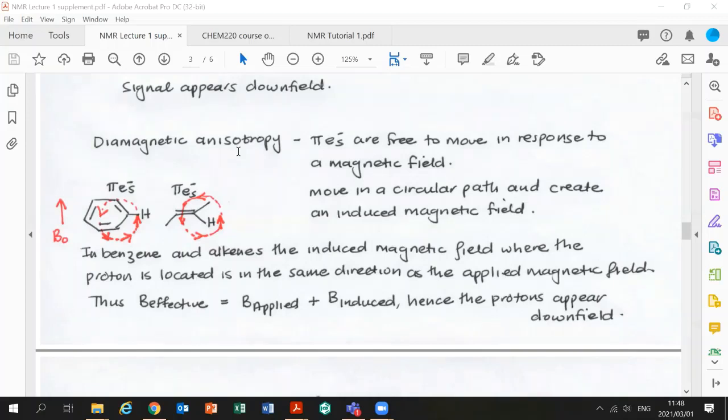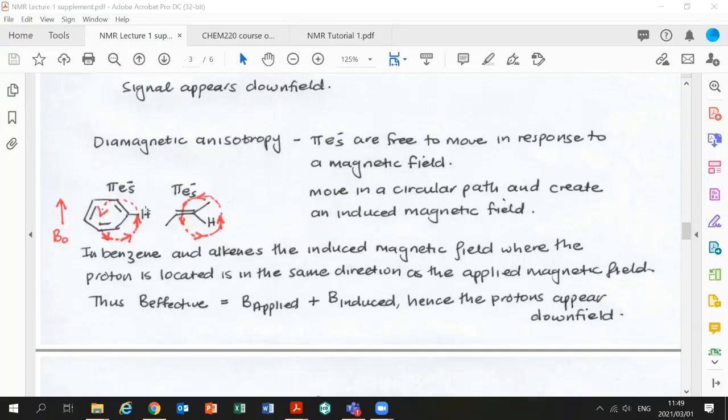These pi electrons are able to move in circular motions around the bonds. And when they move around the bonds, they also create an induced magnetic field. So we have the applied magnetic field, and we've got the magnetic field of this proton, and these electrons create an induced magnetic field.